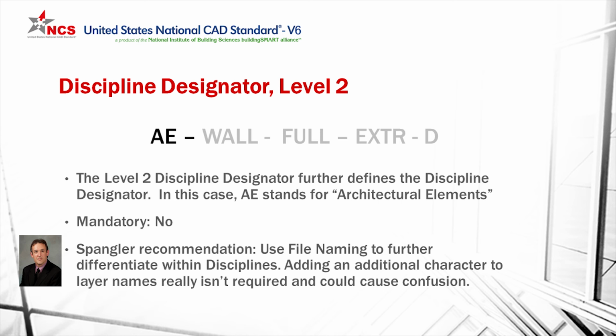Now I have these recommendations here. These are just things I'm going to recommend. You don't have to follow them. You can take it with a pinch of salt. But I would suggest using file naming to further differentiate within your disciplines if you want to break out into level 2 discipline designators, because adding an additional character to layer names really isn't required, and it could cause confusion when you're delivering these layers to someone else.